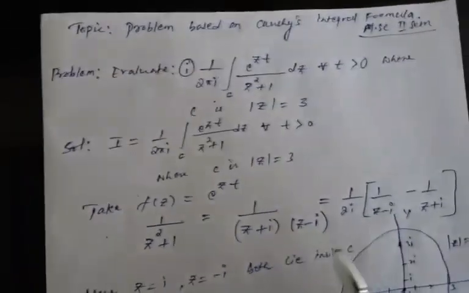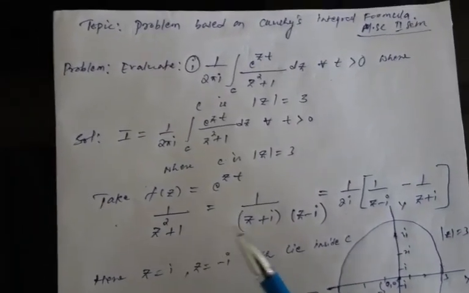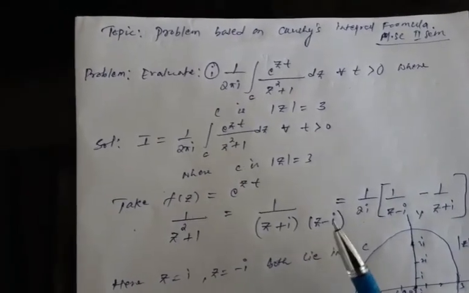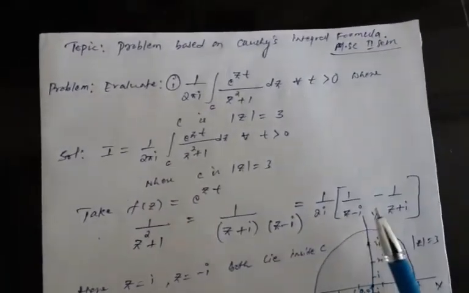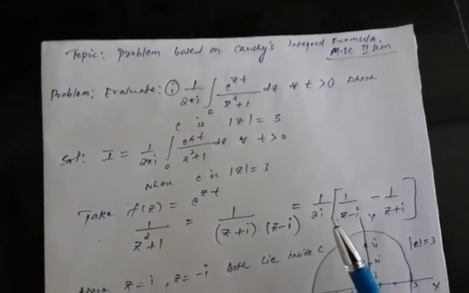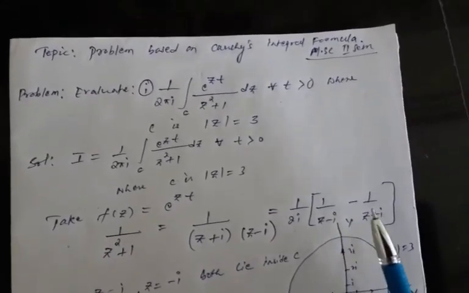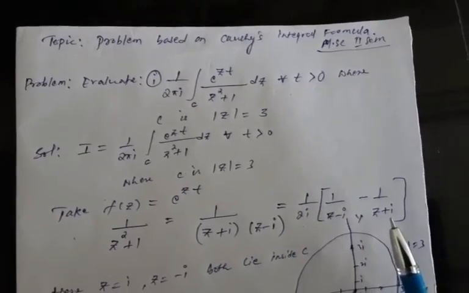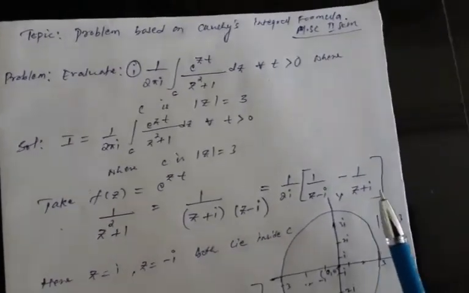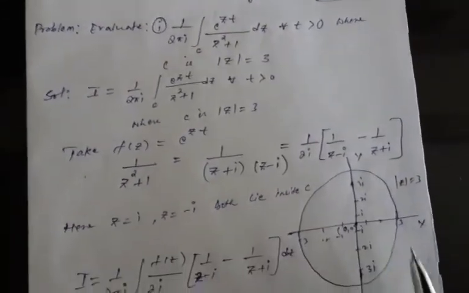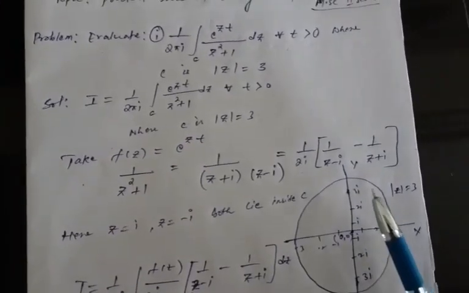So let me show you. 1 by z square plus 1 is 1 by (z plus i) into (z minus i), and doing partial fractions, what we get? 1 by 2 pi i, 1 by 2i, 1 by z minus i minus 1 by z plus i. Okay, so this is the partial fraction. So this is the figure of mod of z equal to 3.